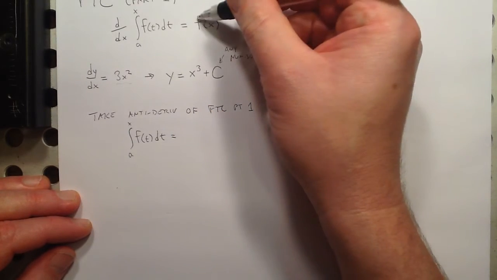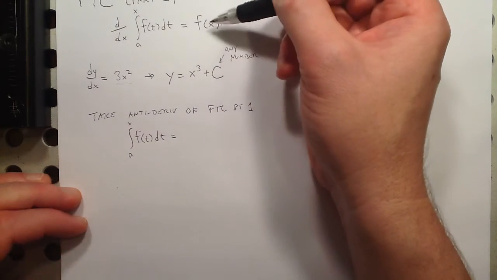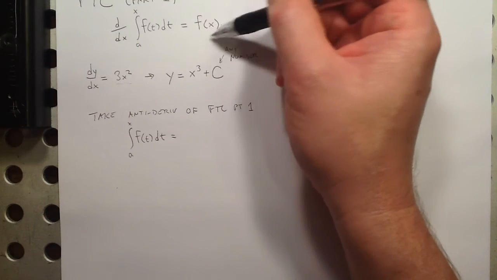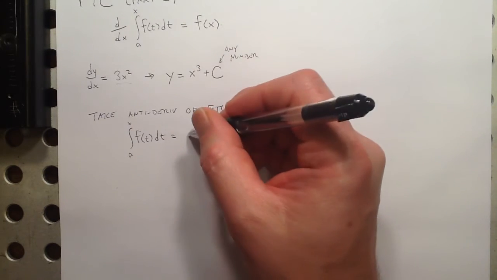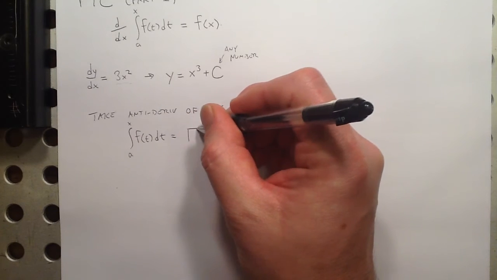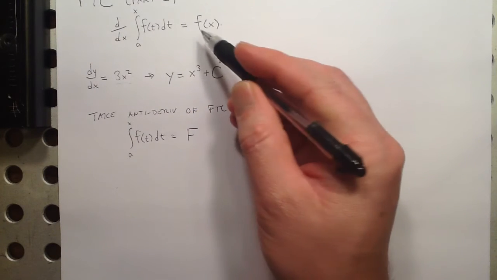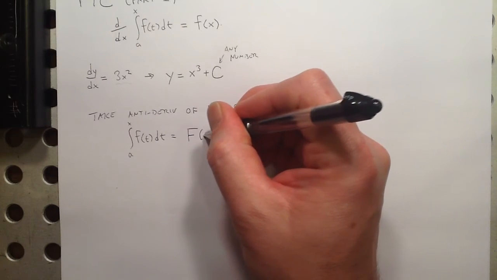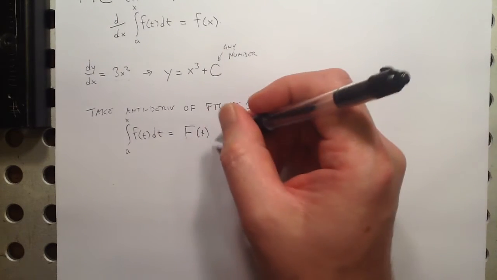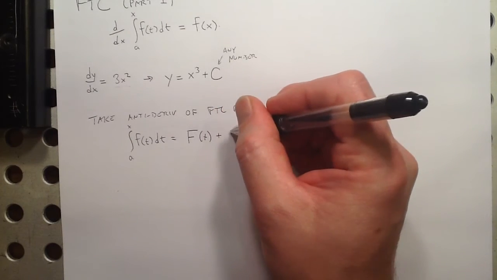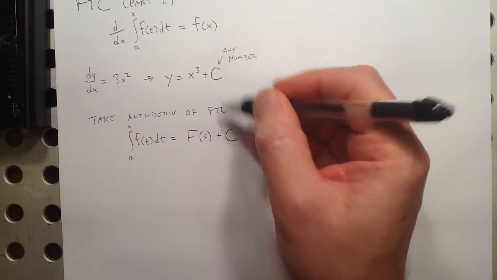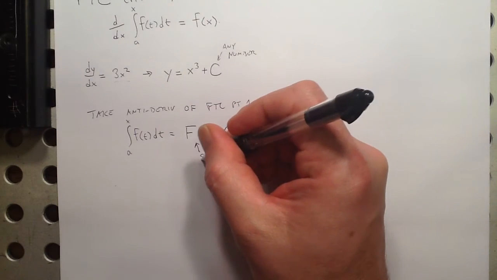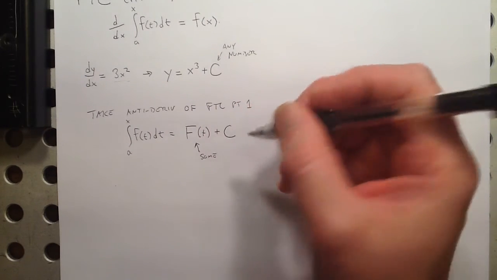And then the antiderivative of this, well, I don't know what this is. I don't know if it's 3x squared or sine x or could be anything, right? So I'm going to use the common convention that the antiderivative of lowercase f, we're going to call that capital F. But I don't know what that number might be, right? So this is just some antiderivative.